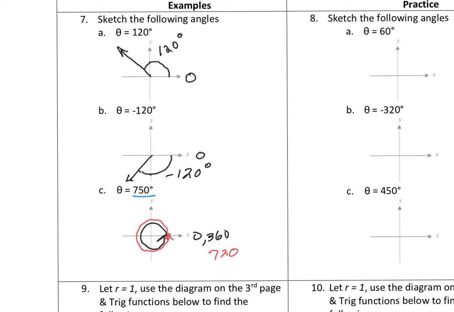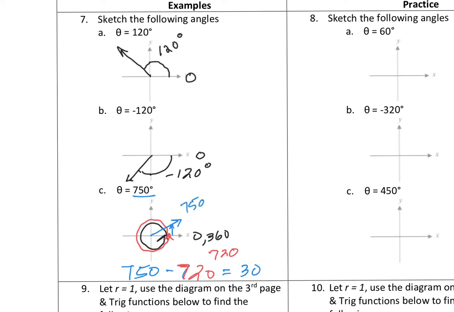So I take that 750 and subtract 720, and I get 30. That means I just need to go up a little bit more, and there I am. This is 750 degrees.